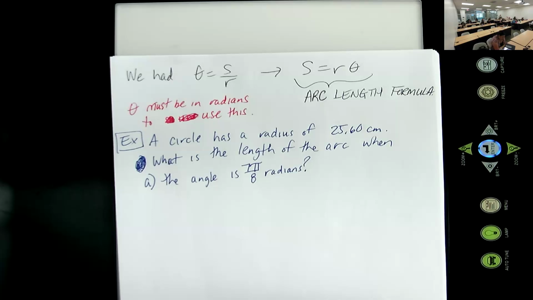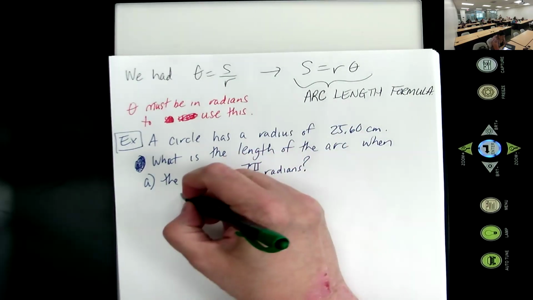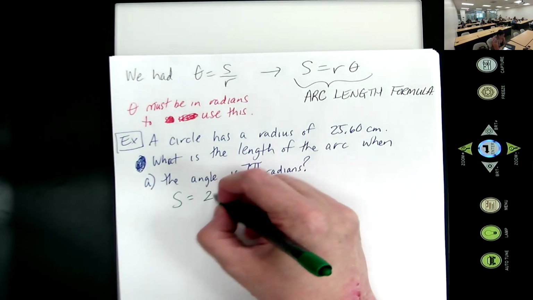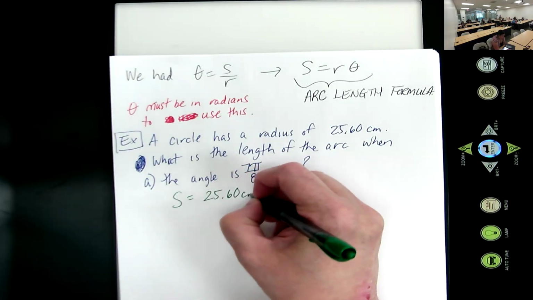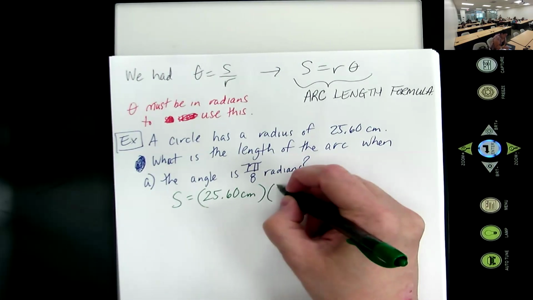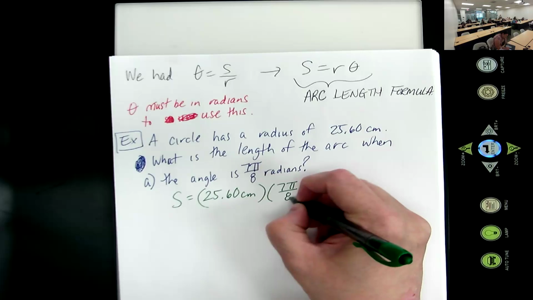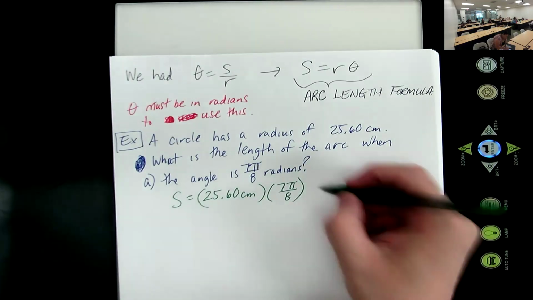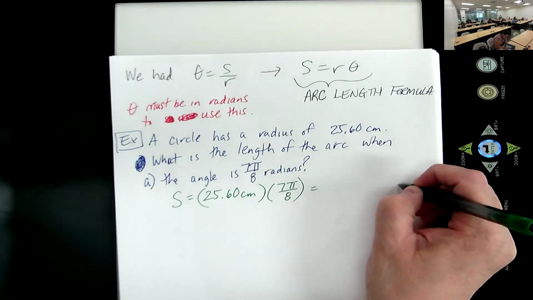This one's just fill it in. S equals R, which was given to us as 25.60 centimeters, times theta, which was 7 pi over 8. Remember, radians are unitless. So the only units we actually have here are centimeters.